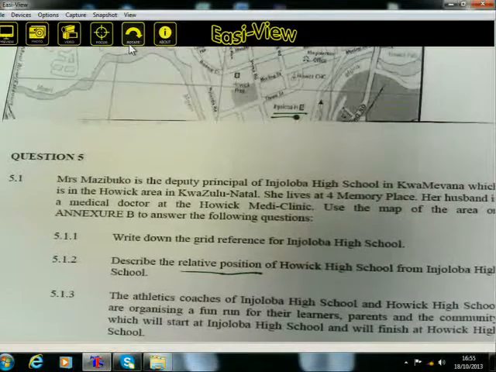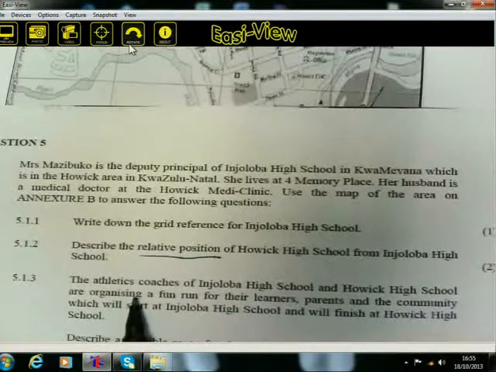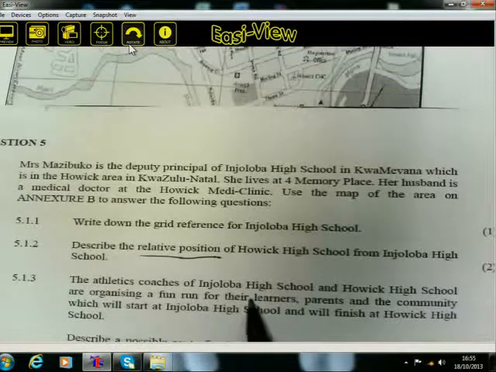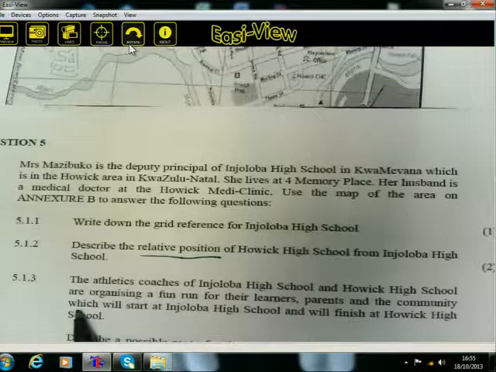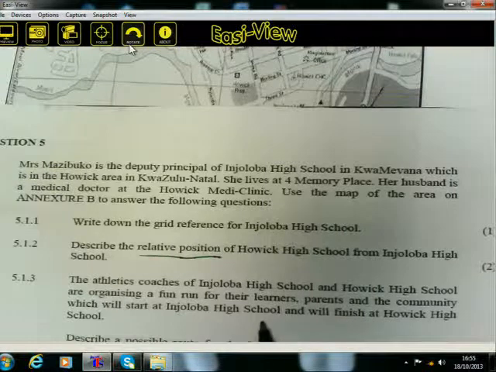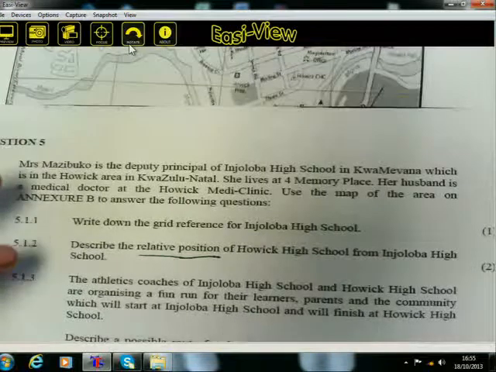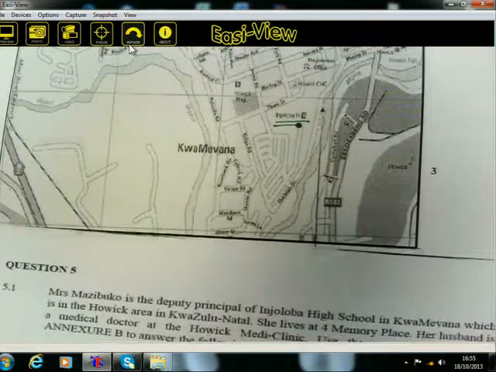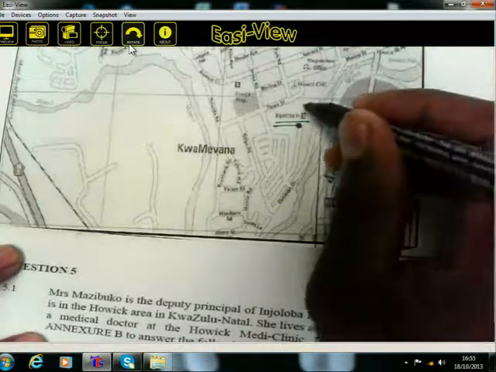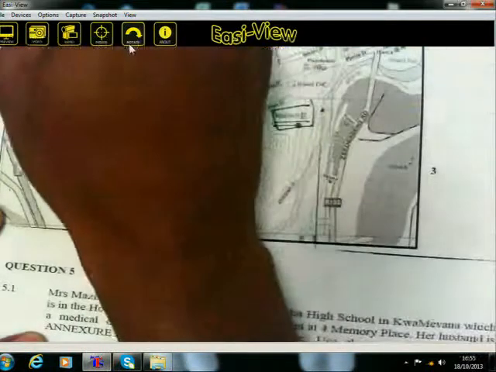5.1.3. The athletics coaches of Njoloba High School and Howick High School are organizing a fun run for their learners, parents, and the community, which will start at Njoloba High School and finish at Howick High School, from here to here.